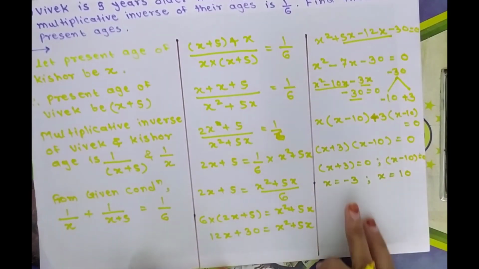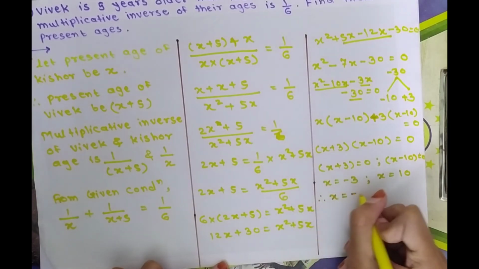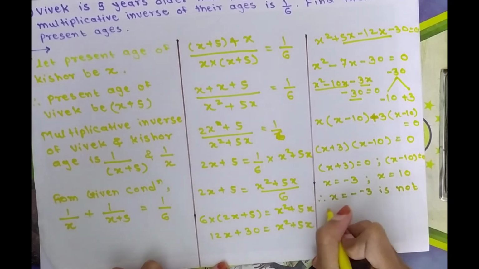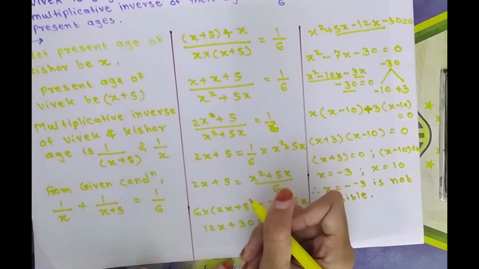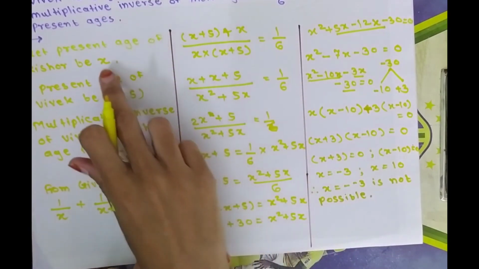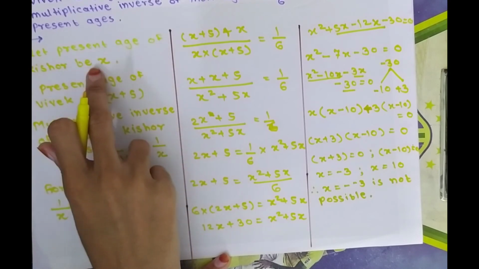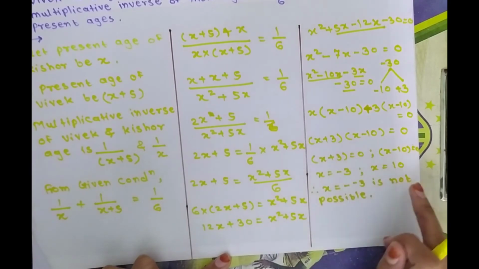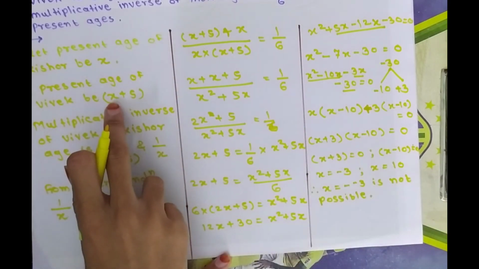So, age can never be negative. Therefore, x is equal to minus 3 is not possible. Therefore, x is 10, and Kishore's age is x and Vivek's age is x plus 5. So, Kishore's age is 10 and Vivek's age is x plus 5.